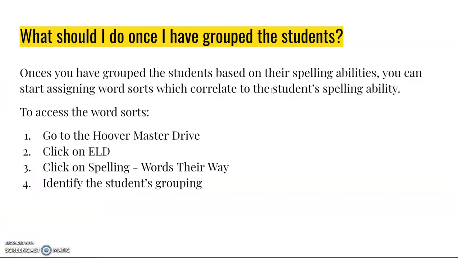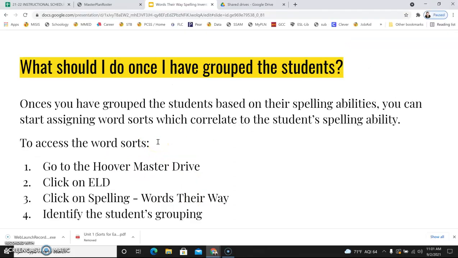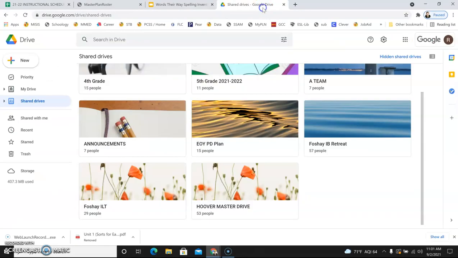Now that I've identified what group my student is in, I can start using the word sort that specifically meets the needs of the student. So my next step would be to go to the Hoover Master Drive and identify the word sorts. So let's go ahead and do that now. Here I have the Hoover Master Drive.